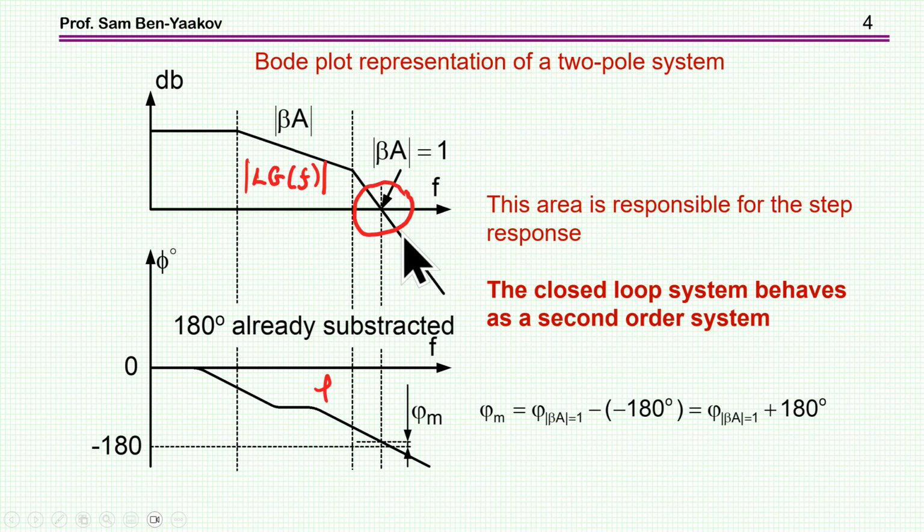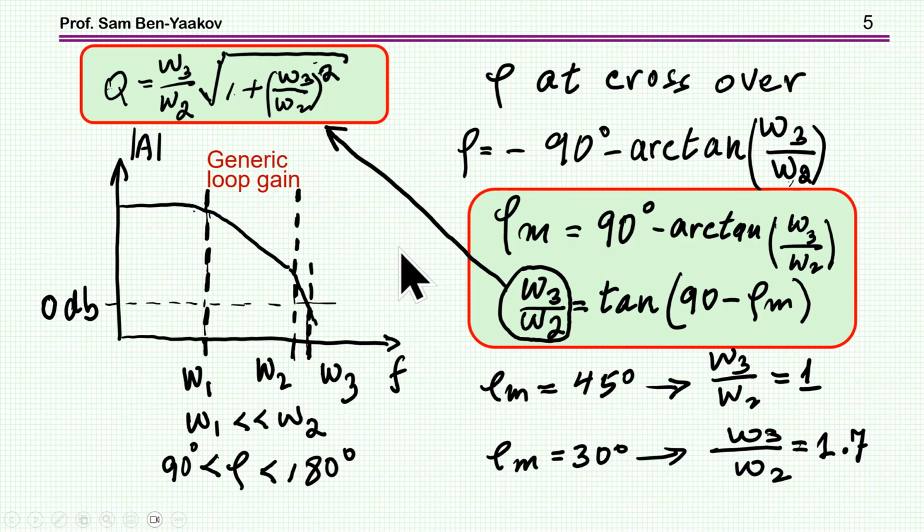We are talking about a linear system. As discussed in the video that I've referenced, we can relate this phase margin to the behavior of the system. It turns out that if we have a phase margin of, say, 45 degrees or smaller, then the system behaves as a second order system, and then we have a quality factor, which is a function of the phase margin.